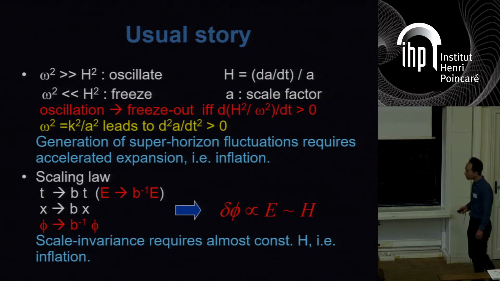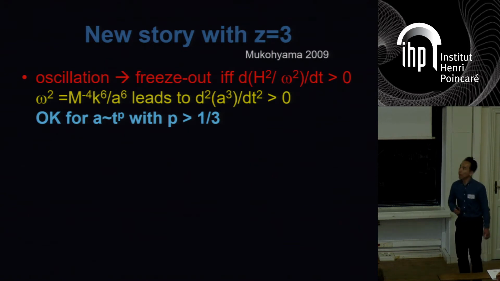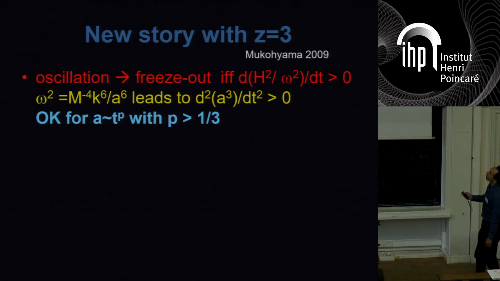But the story is different if z equals 3. So this condition is the same. We want oscillation, then freeze out after oscillation. So we need to have this condition.